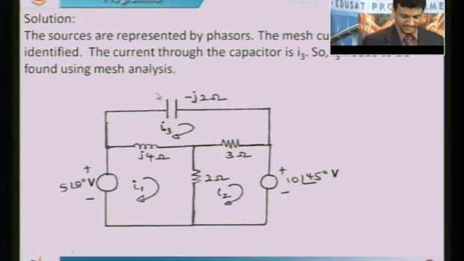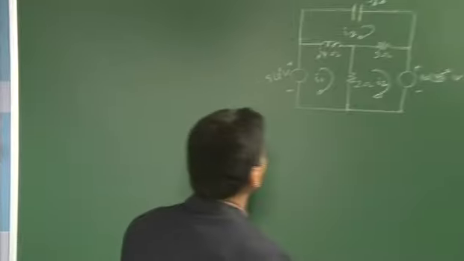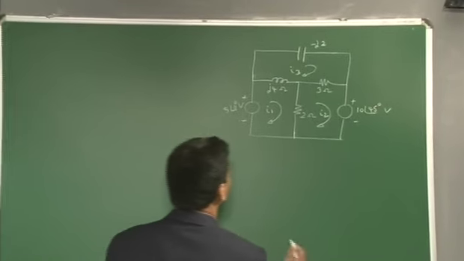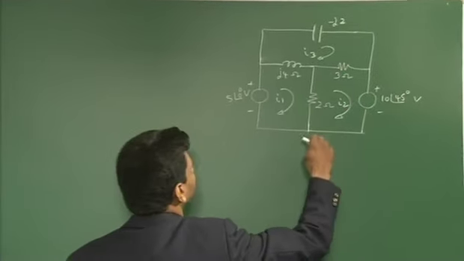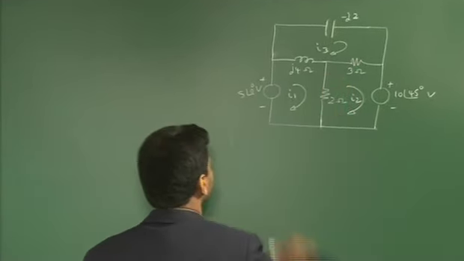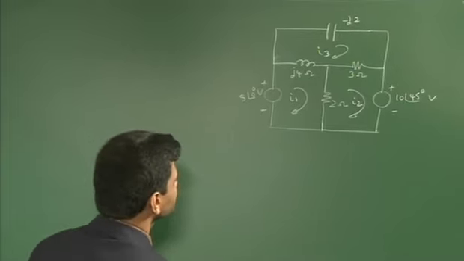We are considering the AC circuits here. The circuit has been written here. So now we will apply the mesh analysis. Yesterday I told you that we will first identify the meshes, then the corresponding mesh currents, then we will apply KVL to each of the meshes.